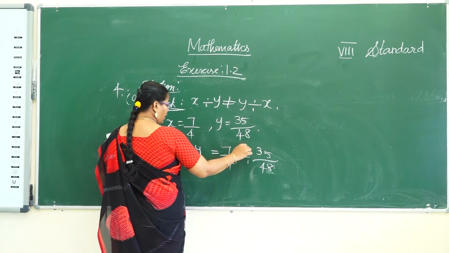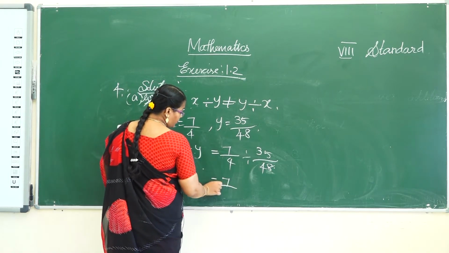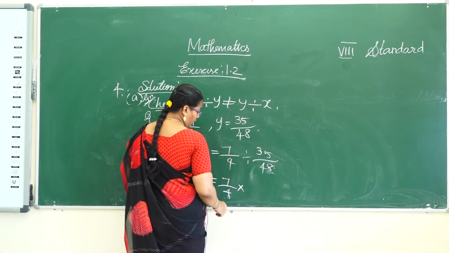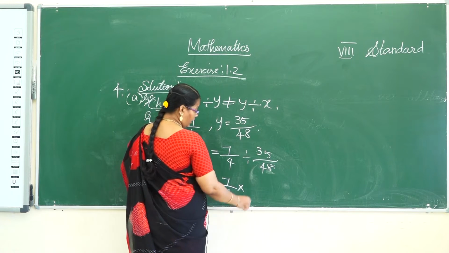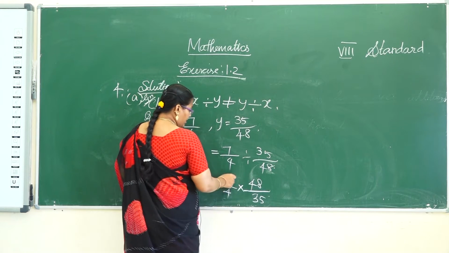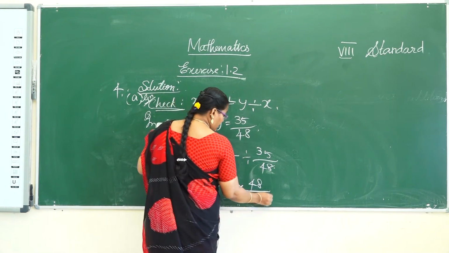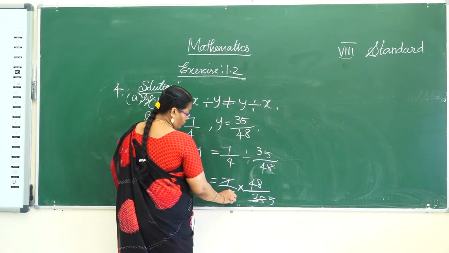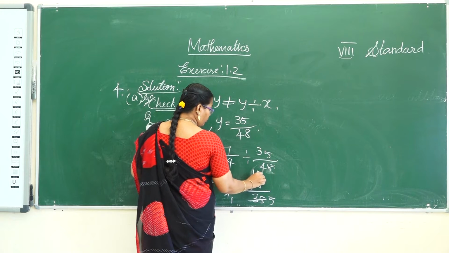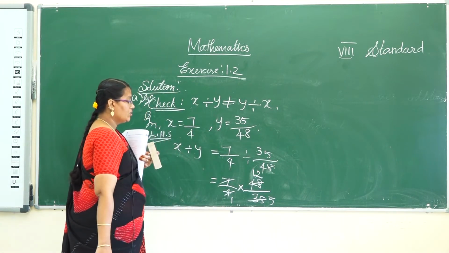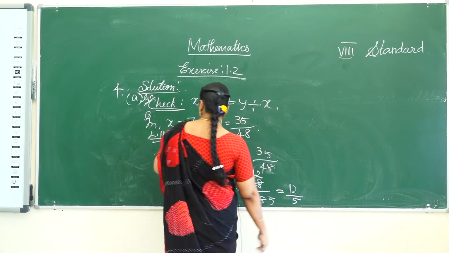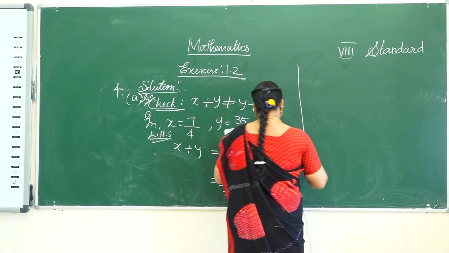First of all, change the division sign to multiplication, and write the next rational number as its reciprocal, 48 by 35. It cancels in the 7 table: 7 ones are 7, 7 fives are 35; 1 fours are 4, 2 fours are 8. So the answer for the left hand side is 12 by 5. Now consider the right hand side.